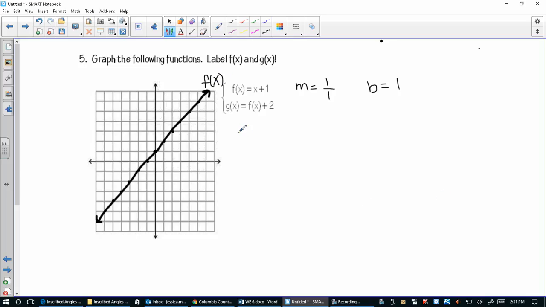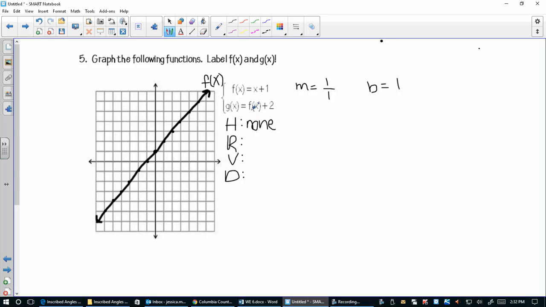So then when we get to g of x, this is where we need to do the transformations. So we're going to do HRVD. And then fill in those transformations. So there's nothing being added or subtracted inside parentheses, so horizontal shift is going to be none.